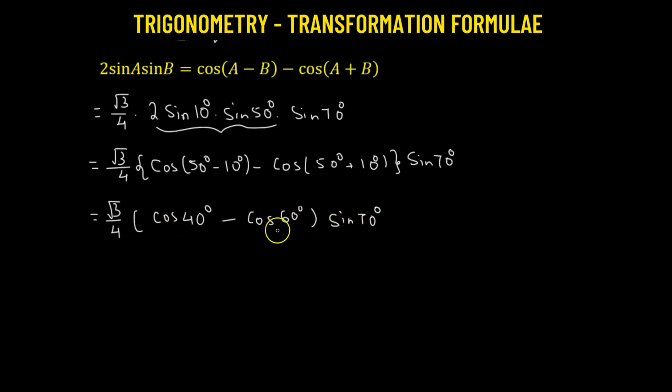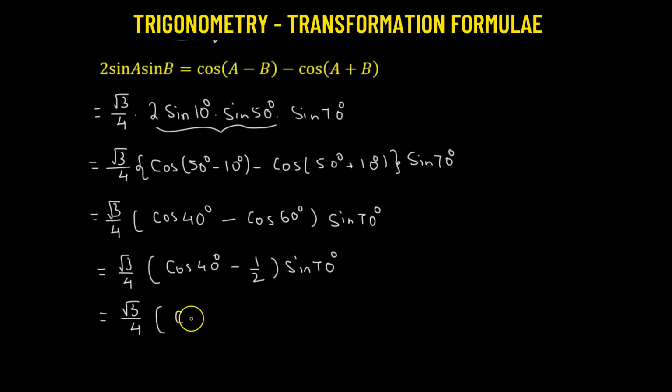Now we know the value of cosine 60 degrees, so that has a standard trig value of 1/2. So we get square root of 3 over 4 times cosine of 40 degrees minus half, whole multiplied to sine 70 degrees. Now we'll multiply sine 70 degrees to each of the terms within the parentheses. So we should get square root of 3 over 4 multiplied to cosine 40 degrees times sine 70 degrees minus half times sine 70 degrees.